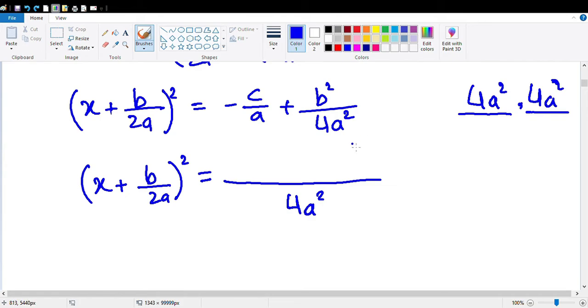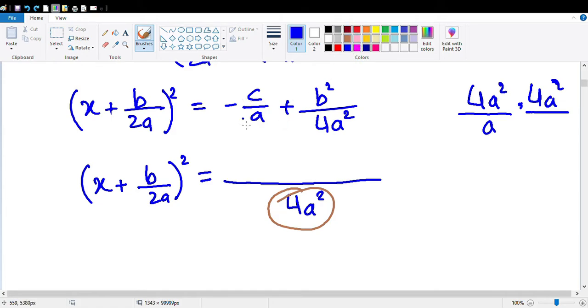That's better, mathematically speaking. But anyway, the denominator of the fraction minus c over a is a. So a will be divided with 4a squared to find out what multiplies with its numerator, minus c over there. And I'm just going to erase that line.